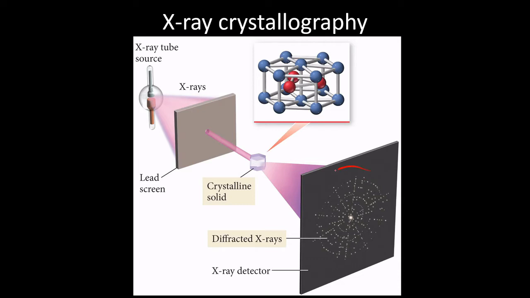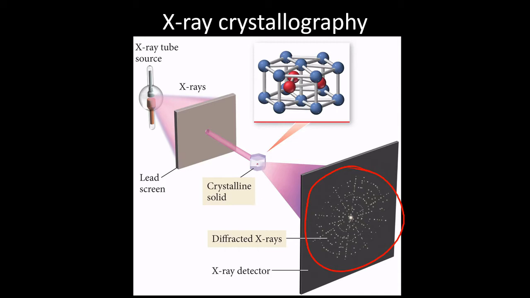Because there's a library, essentially, of the patterns that you get when you shoot X-rays into a crystal like this, and they are essentially a fingerprint for that material. Now again, I am dramatically simplifying this process, but you get the main gist of what happens here.